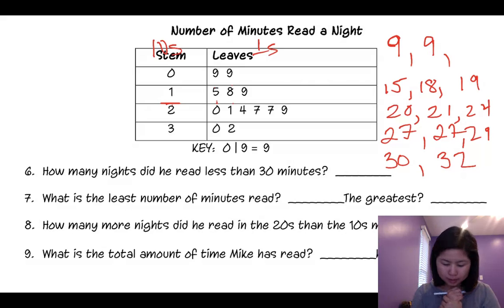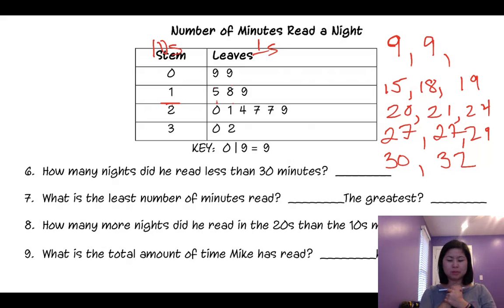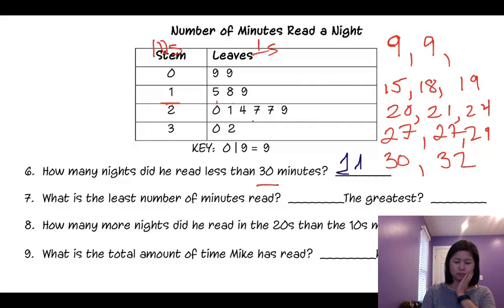How many nights did he read less than 30 minutes? So if it's less than 30 minutes, I'm not going to include the 30. So how many nights? I'm going to ask you to share out. Okay.